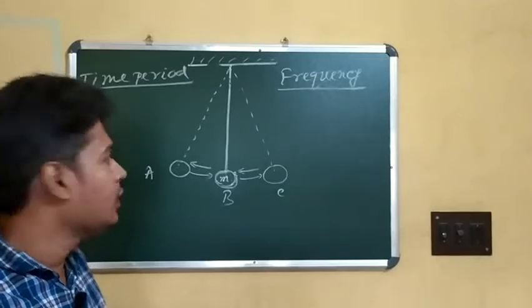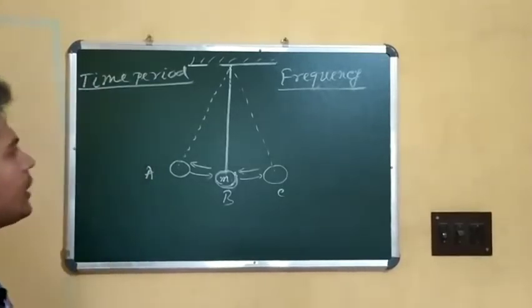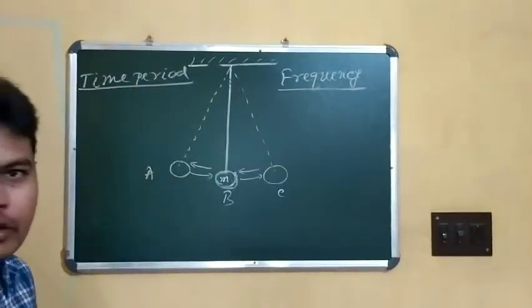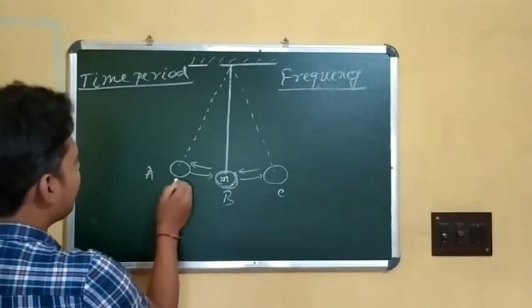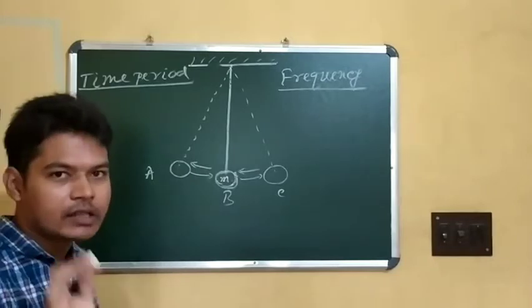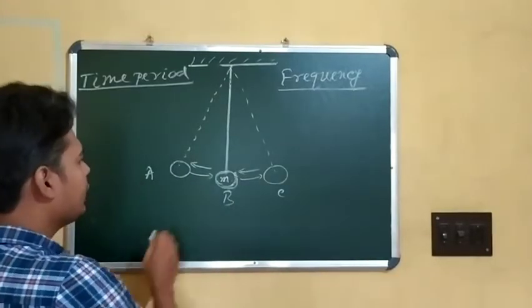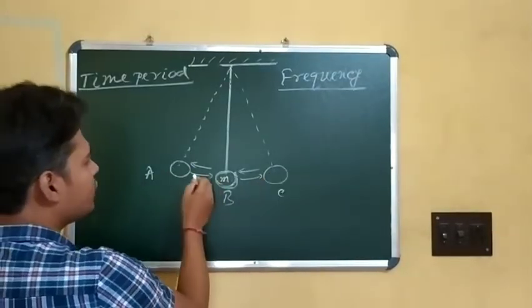Now let's see what the time period of this simple pendulum is. Very simple. If the bob starts its journey from point A, then it comes to C. You just follow this arrow.